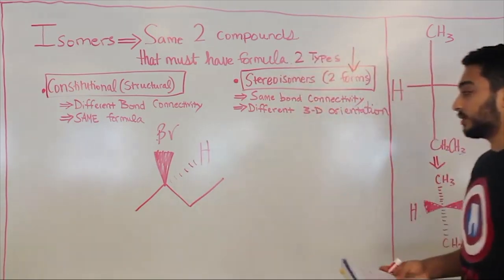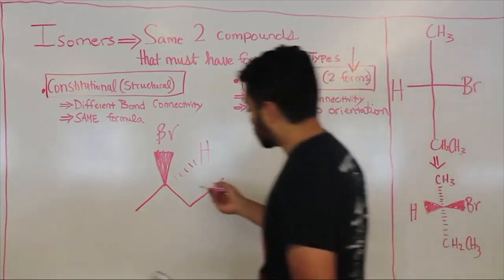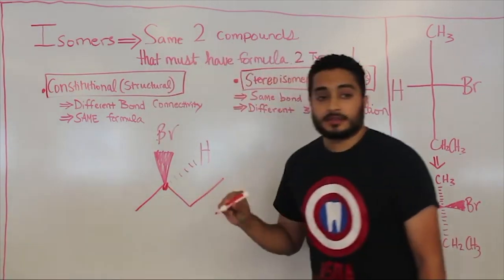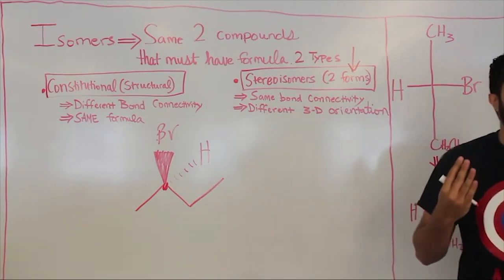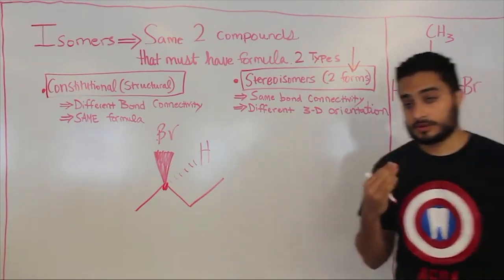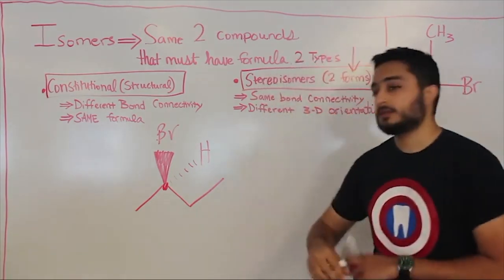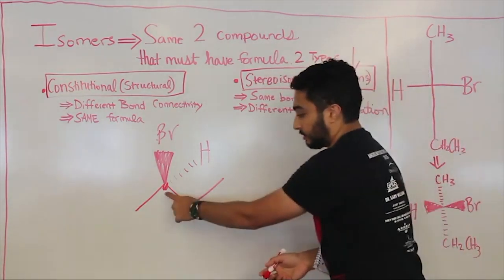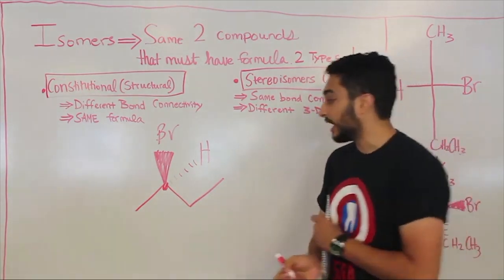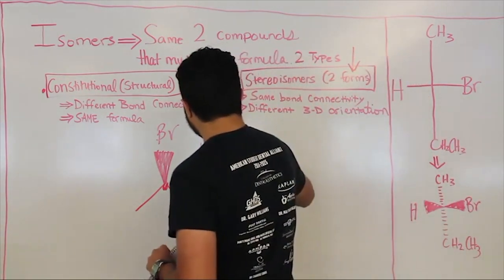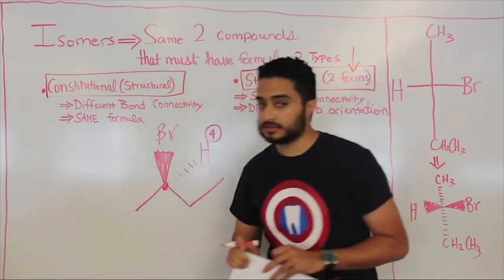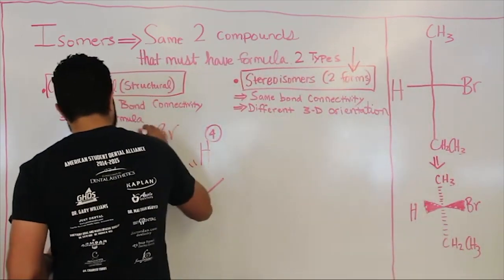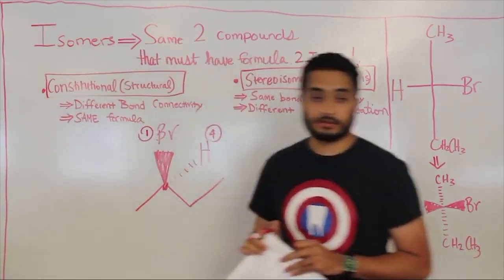Okay? So what we're going to do is focus on this carbon right here and prioritize everything, which are the 4 bonds coming off that carbon, in order of priority. So if you had to guess which one would be the lowest priority out of these 4 coming off of this carbon? The hydrogen, right? Okay, so that's 4. What would be the highest, you'd guess? The bromine, yes. And the way you prioritize these is with atomic weight, okay?